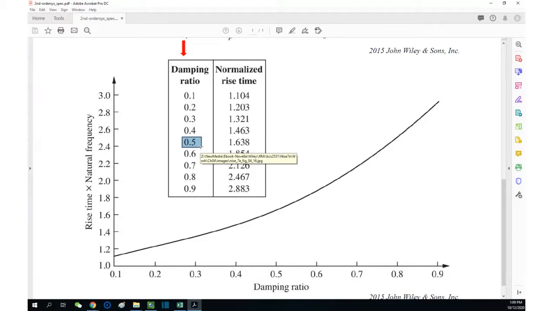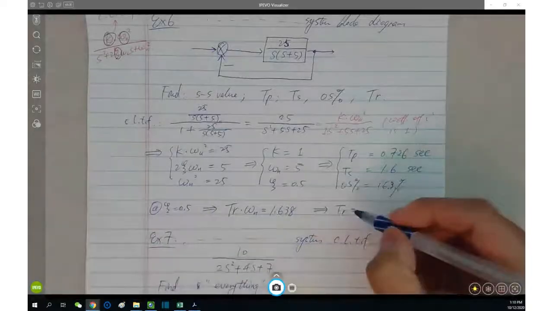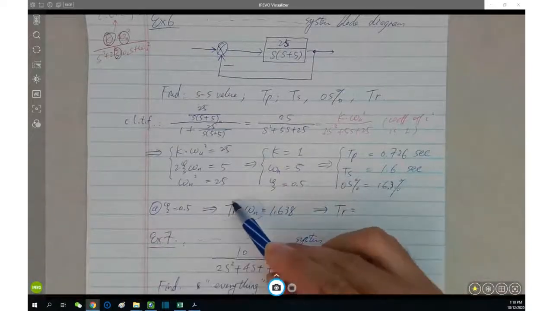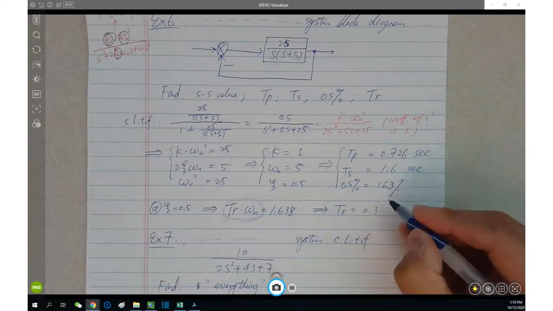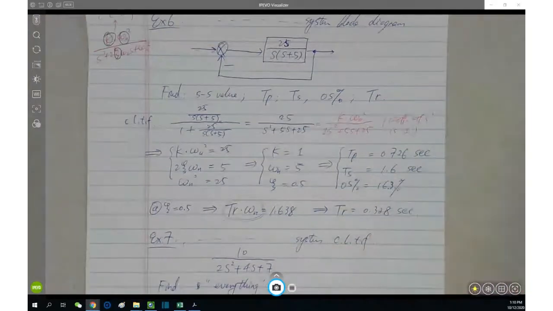Then correspondingly, at this particular zeta, we find the so-called normalized rise time, which is equal to TR times omega n, which is equal to 1.638. Then go back to here: normalized rising time equals 1.638, then further we got 0.328 seconds. 4 answers.